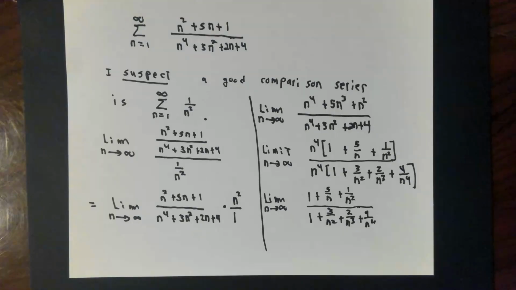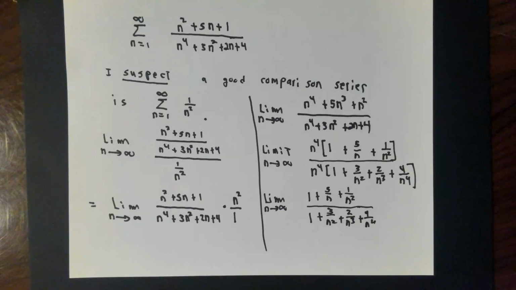As n becomes indefinitely big, the top of this thing approaches 1 plus 0 plus 0, which is 1. The bottom approaches 1 plus 0 plus 0 plus 0, which is also 1. Both limits exist. The one on the bottom isn't 0.